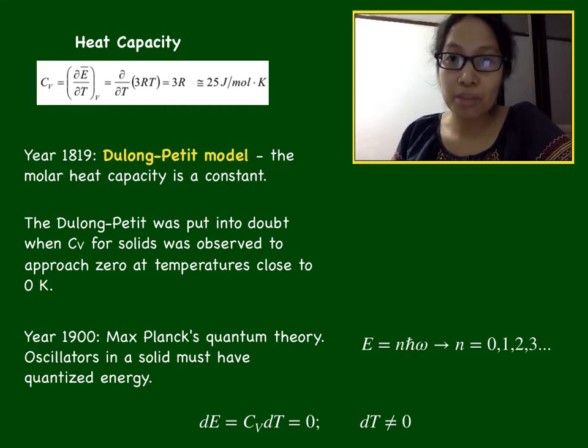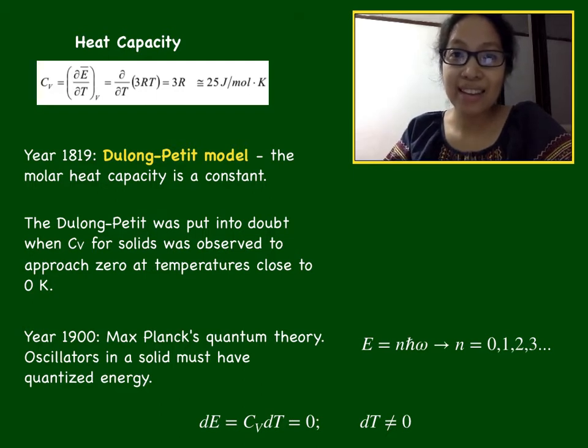In mathematical expression, C_V equals dE over dT. That is the first order derivative of the total energy with respect to temperature. Substituting the expression for total energy and performing the derivative, we get 3R, or 3 times the gas constant. The approximate value is 25 joule per mole Kelvin.